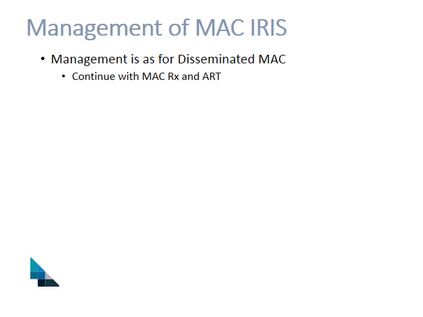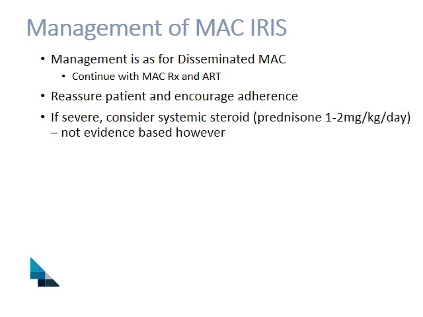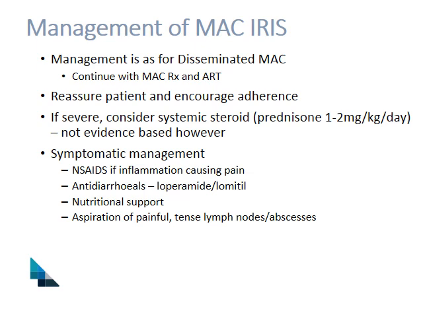MAC IRIS is similar to TB IRIS. The focus is to keep them on the MAC treatment and on those ARVs, with lots of reassurance. Systemic steroids can be an option if you are concerned that the IRIS is going to overwhelm the patient, that the inflammation is so much. If you're starting to consider steroids, you need to consult an expert about these patients. Symptomatic management is very important.